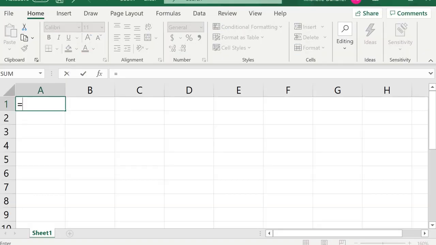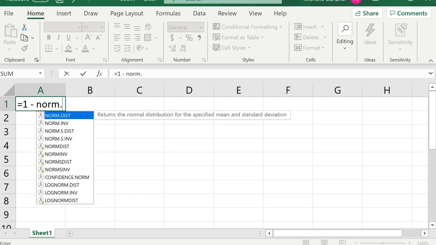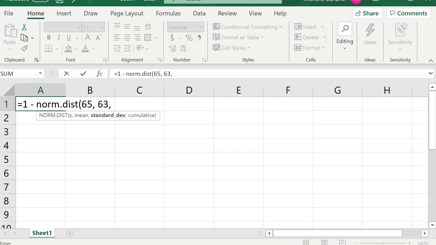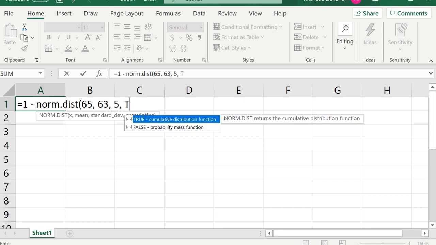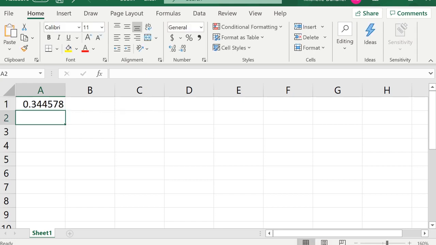So I'm going to write equals 1 minus, okay, and then I'm going to write norm.dist, open parentheses. X is 65 right now, the mean is 63, standard deviation is 5, and you're always going to write true for cumulative, because we're doing cumulative distribution functions, and then press enter, and there we go.